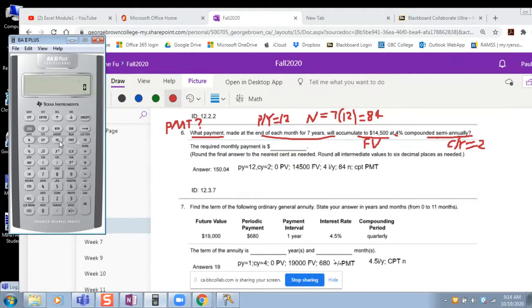Don't forget 0 is PV. Last step, compute PMT. And you get $150. Okay?